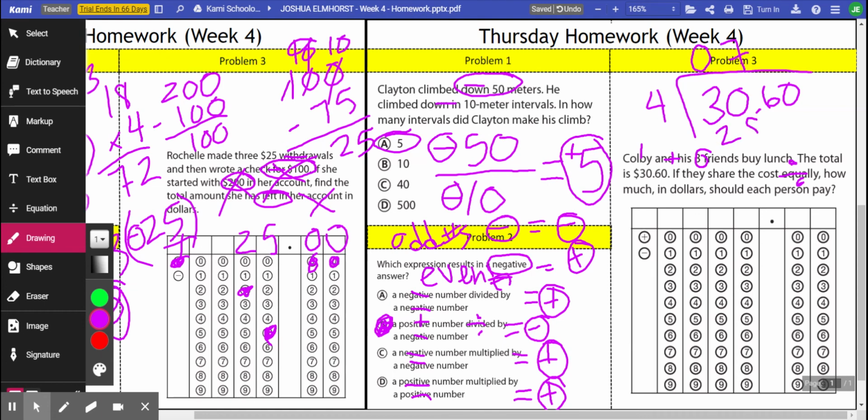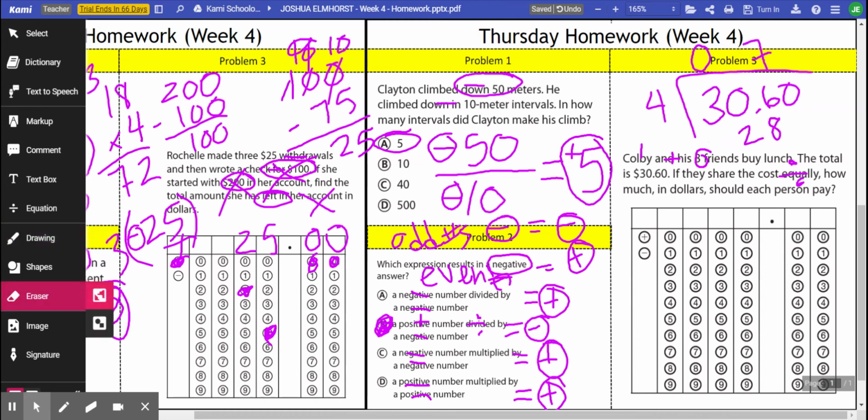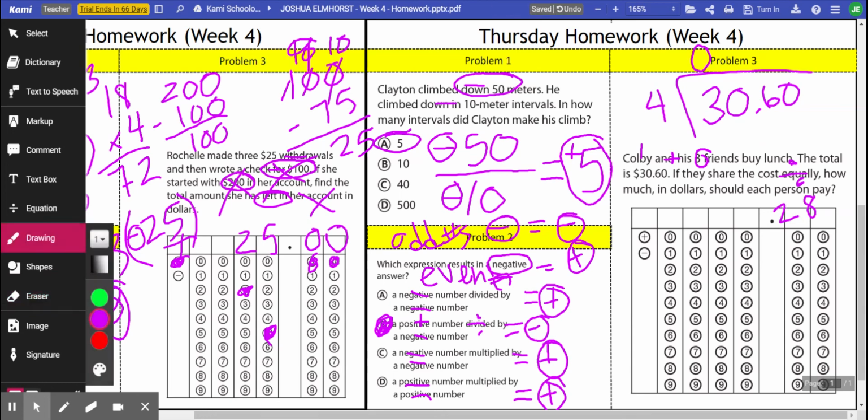So we can put 28 in here. 7 times 4 is 28. So we're going to subtract that. And we can just do a quick count. 30, take away 28. There's 2 left. Bring your 6 down. We're still dividing over here.